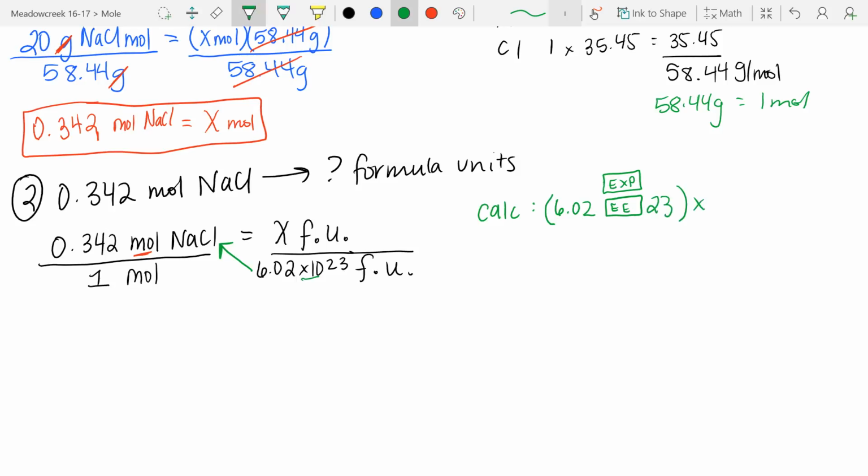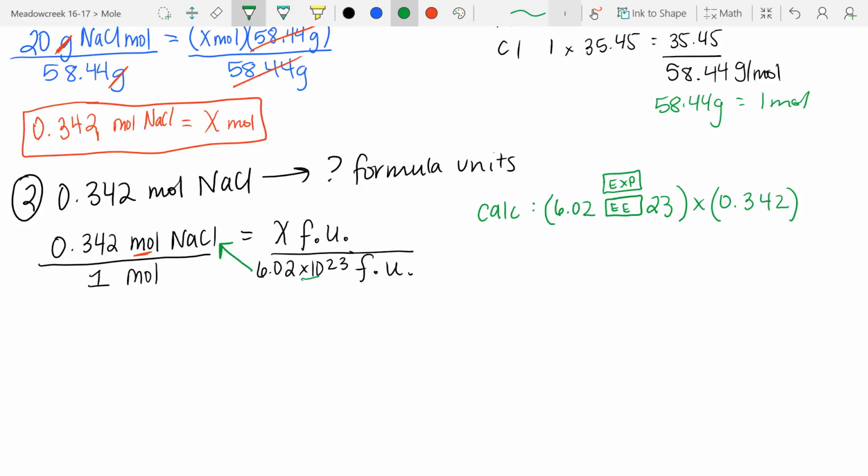And we're going to multiply that by our 0.342. Okay, so that's what you would put in your calculator. So you should have your calculator in front of you. Remember, second semester chemistry is almost all math, so it's imperative that you have a calculator with you at all times.